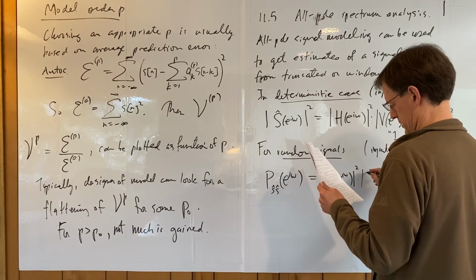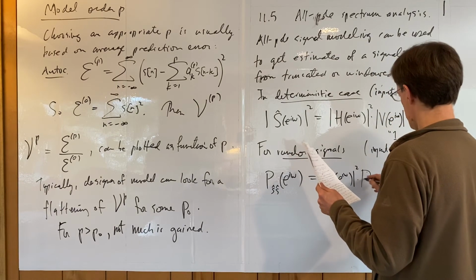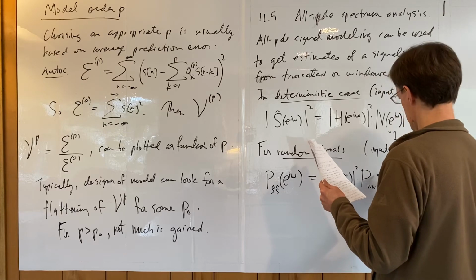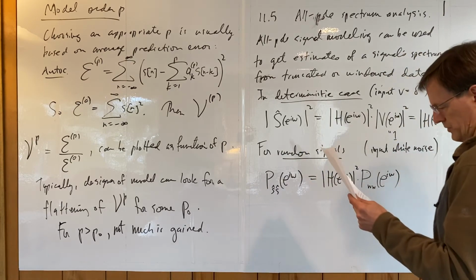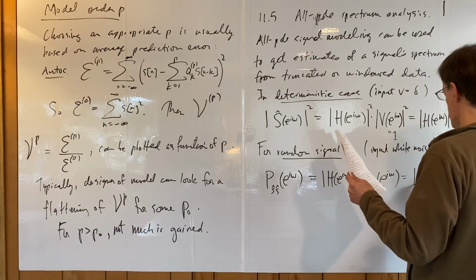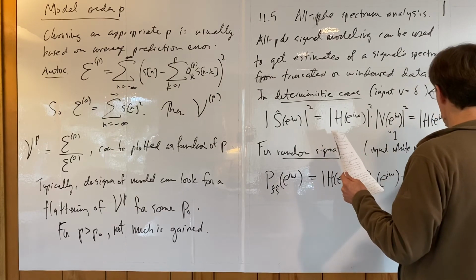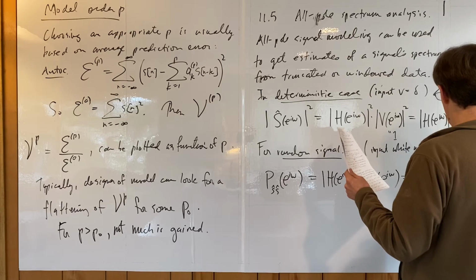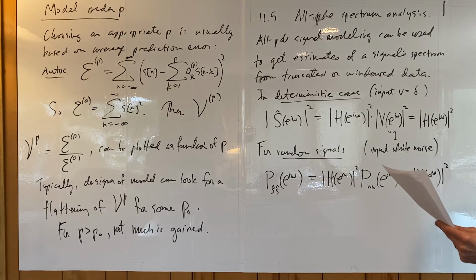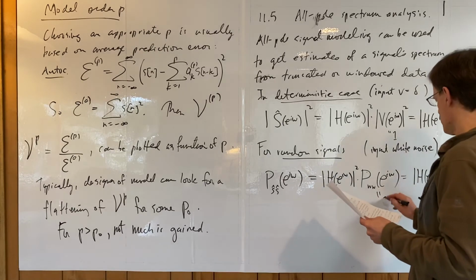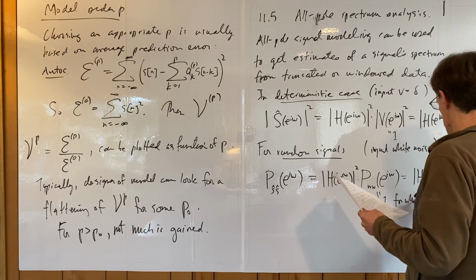And then here we get P_WW, so this is the power spectrum of the white noise input, and then this is just going to be, again, |H(e^{iω})| squared. Okay, and that's again because this is equal to 1 for white noise.